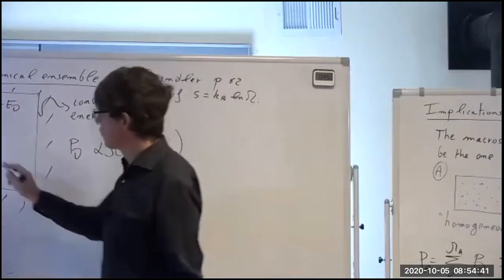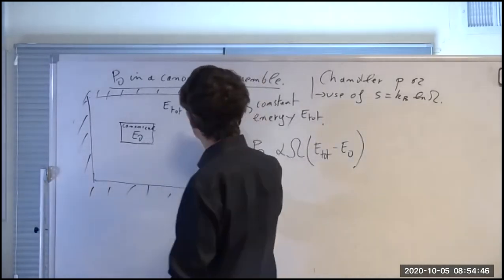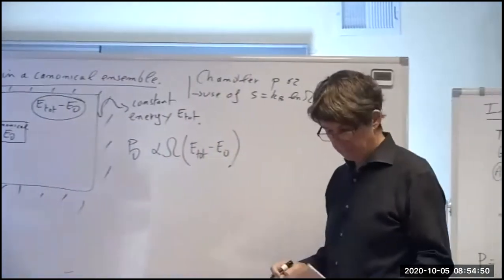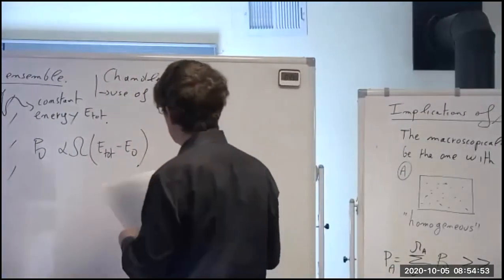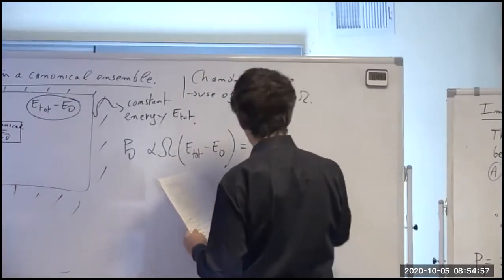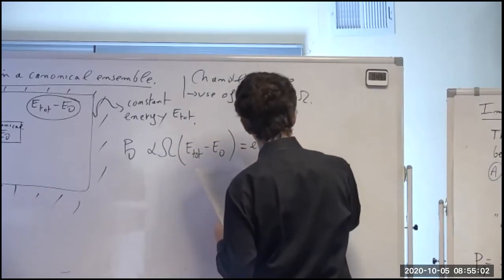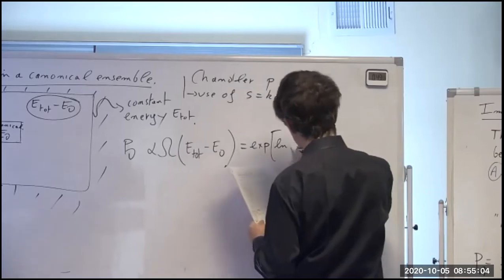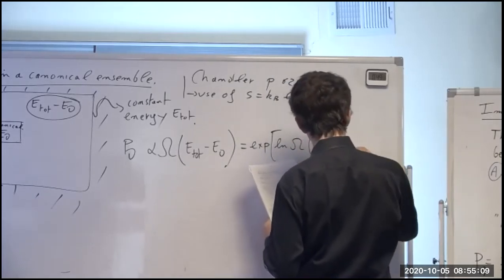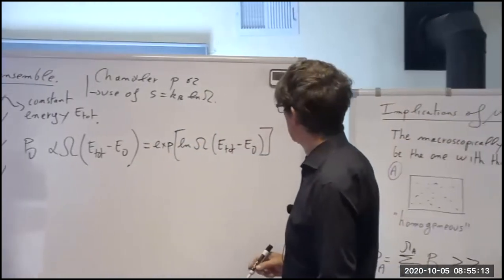Because the frequency by which E nu occurs is the frequency by which this occurs in the rest of the bath. And I'm going to write that as the exponential of the logarithm, right? So nothing gained here, of omega of E total minus E nu. Okay, this is just math, right?